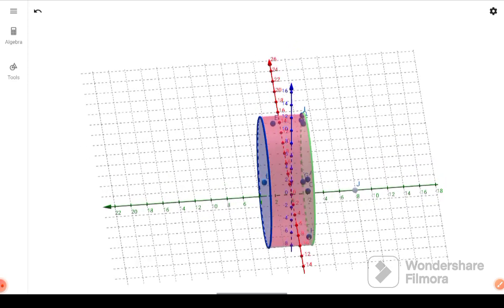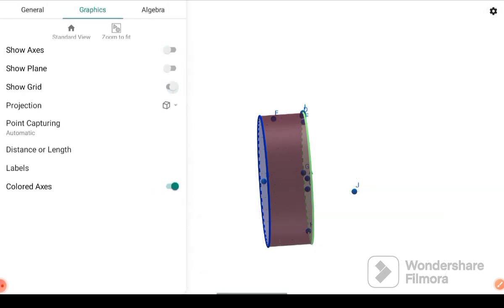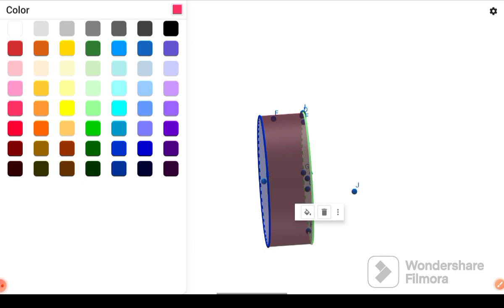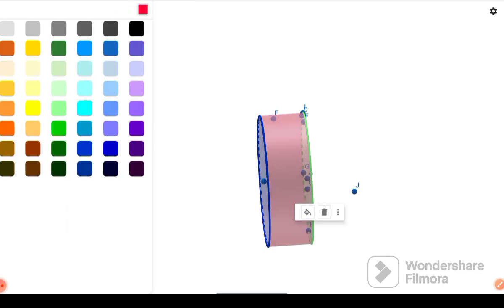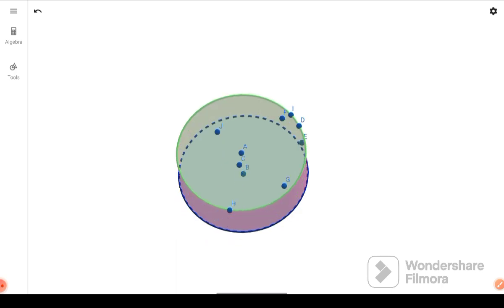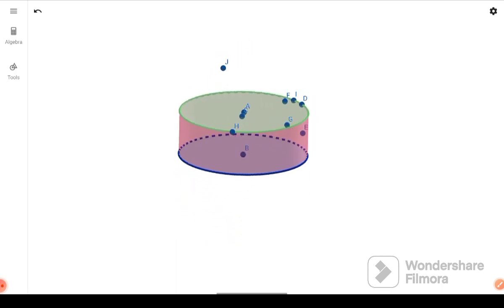And this lateral surface I will also highlight by red color. So you can see these three surfaces I have marked. Okay, now we'll discuss the area.